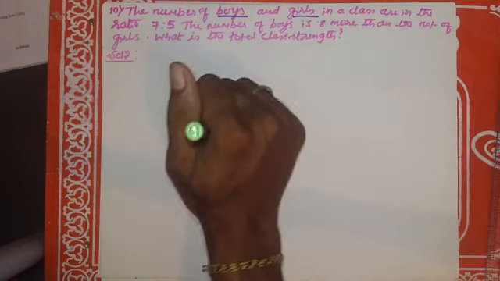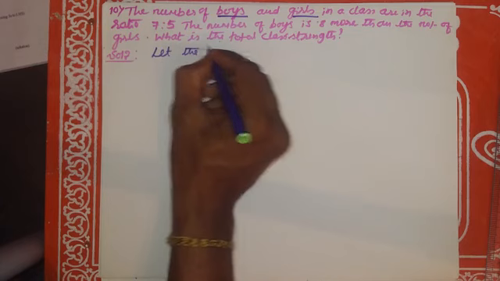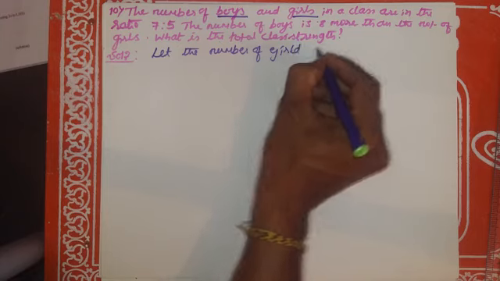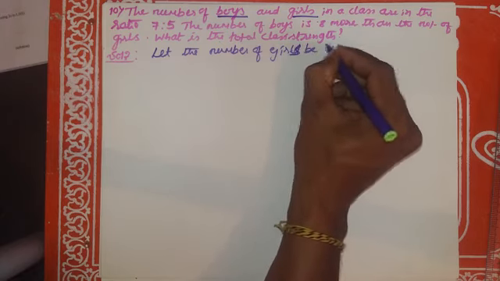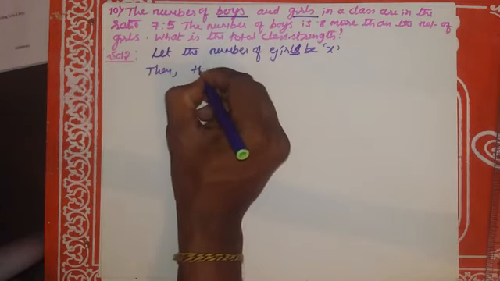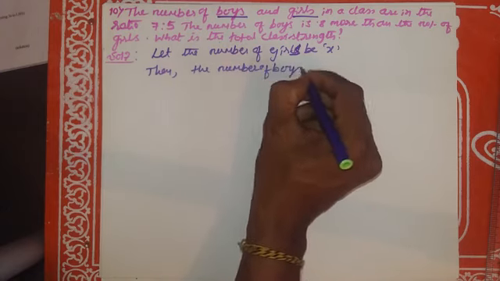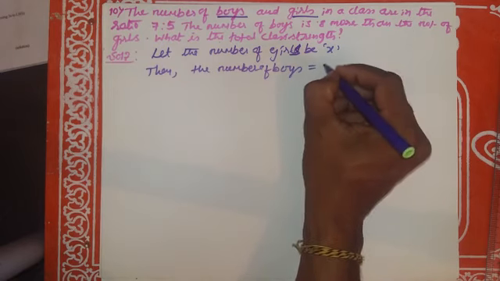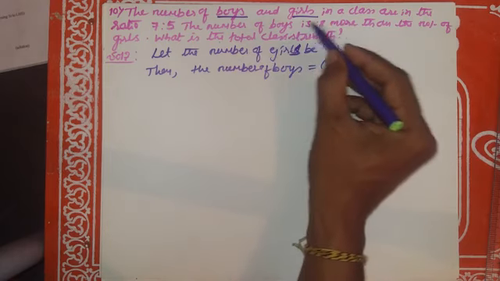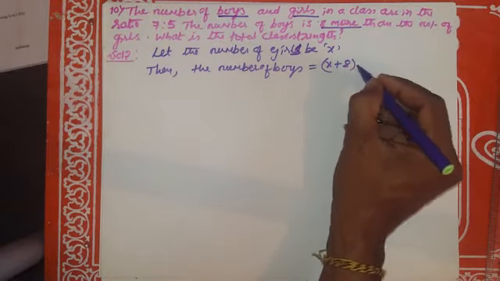Then the number of boys is x plus 8, because the number of boys is 8 more than the number of girls, so we should take x plus 8.